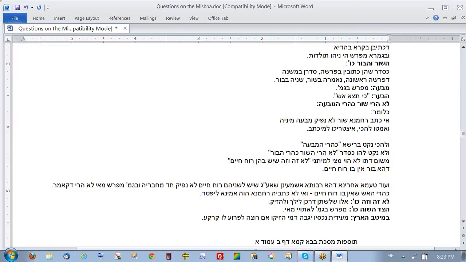Well, what would the world have looked like if it would have said Lo Hari Ashur Kahari Abor? Why would it then be impossible to learn the Lo Zeh V'Zeh, which would mean, let's spell it out, Lo Hari Hashor V'Hari Habor Kahari Ha'esh.